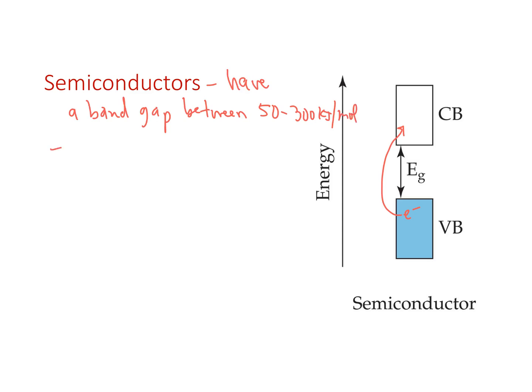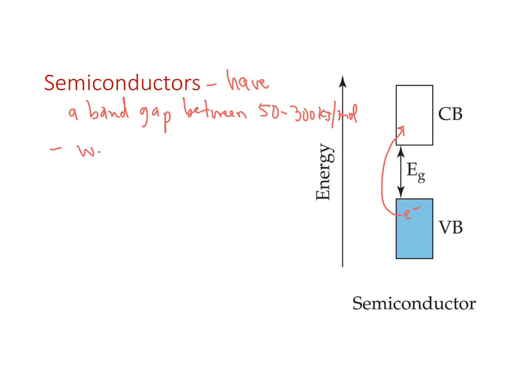So metals don't have a band gap, so we cannot really control the energy required to push an electron from the valence band to the conduction band. Whereas with a semiconductor, because there's a band gap, we can modify this material to modify that band gap, to change how large or small that band gap is, and that would change the properties of this material.